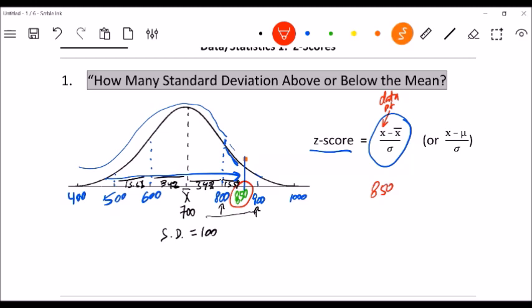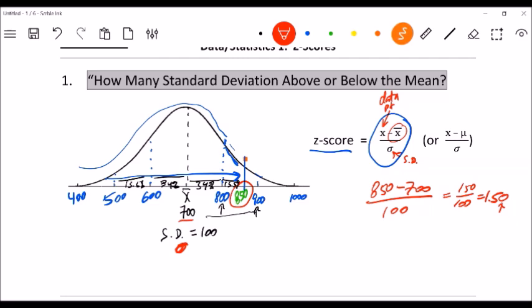So I have 850 minus the mean, which is the 700 here, divided by the standard deviation. That's the symbol for standard deviation. Put 100 under it. So that equals 150 over 100, which is 1.5. Now we have to put a second decimal on it, so we have 1.50.